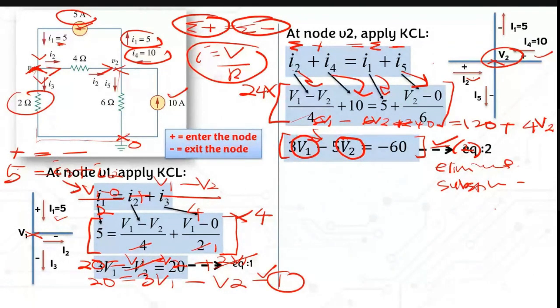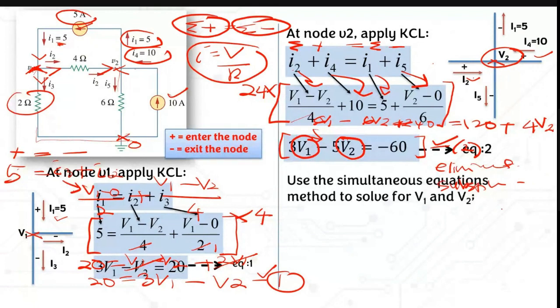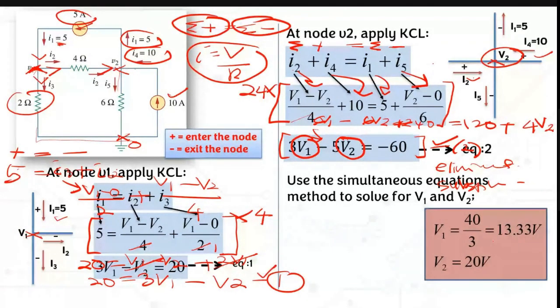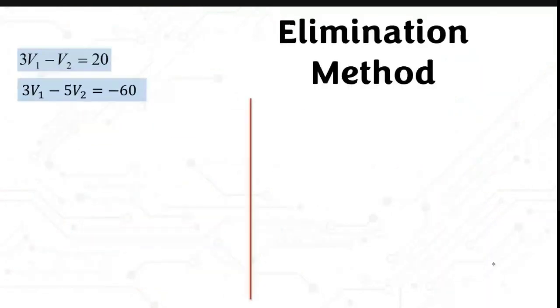When you solve for that, you get V1 equal to 13.33 and V2 equal to 20 volts. Let me show you an example of how to use the elimination method. I think all of you are experts with this, but I just show it here.